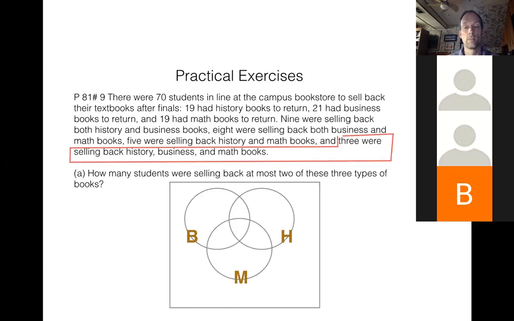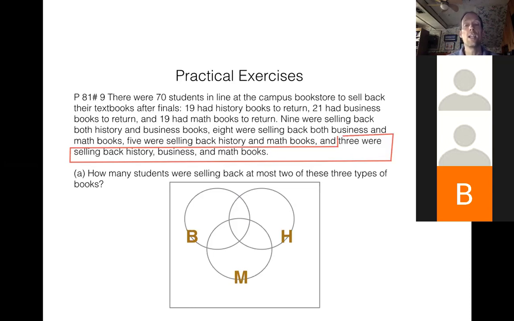Wait, I'm sorry, say it again. Sure thing. When we're reading that last sentence, we're going to start solving the exercise by beginning at the end, and then we're going to keep on reversing until we get all the way back to the first number they gave us. So the last line says 3 students sold back history, math, and business books.